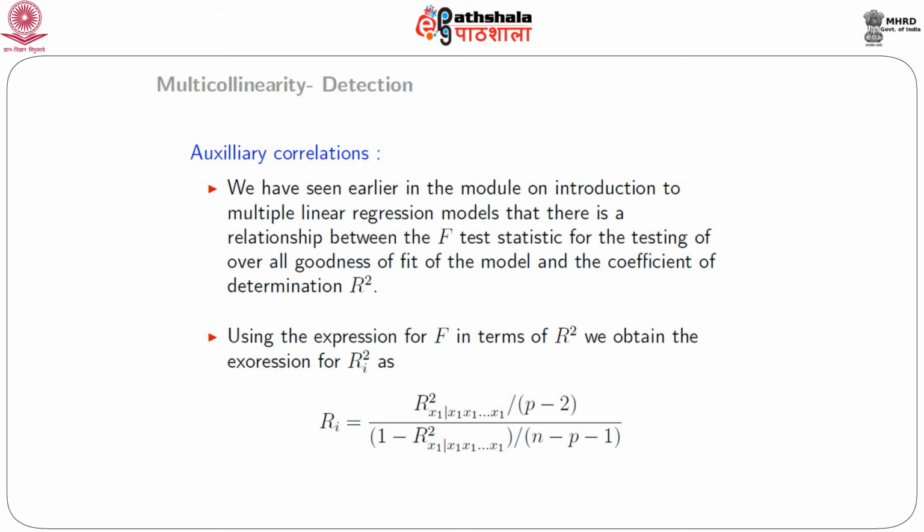So the expression would look like Fi equals R square x1 given x2, x3, ..., xp divided by p minus 2, divided by 1 minus R square x1 given x2, x3, ..., xp divided by n minus p minus 1, where R square x1 given x2, x3, ..., xp is the R square from the regression model where we have regressed x1 on the rest of the predictor variables.